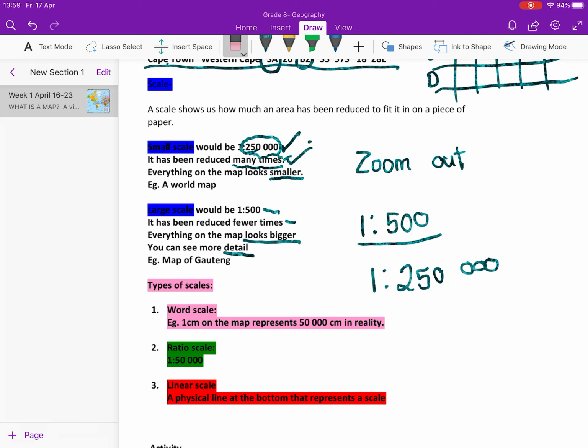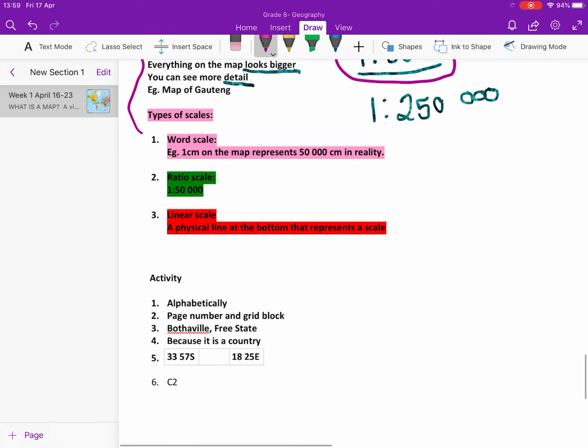You must look at which one has been reduced fewer times. And in this case, it would be 1 to 500. I can almost guarantee you that this will be very important for upcoming assessments, to know the difference between the two types of scales.